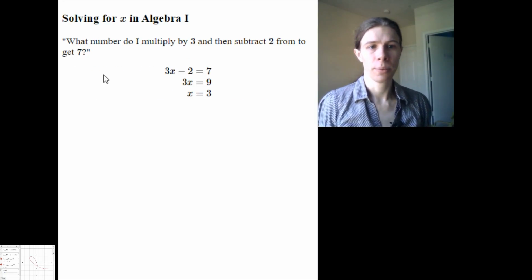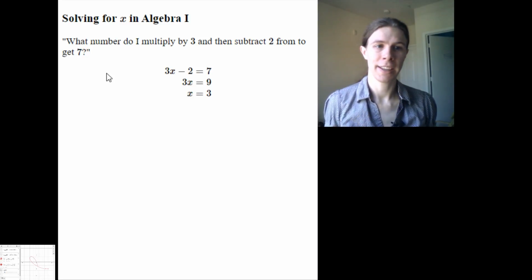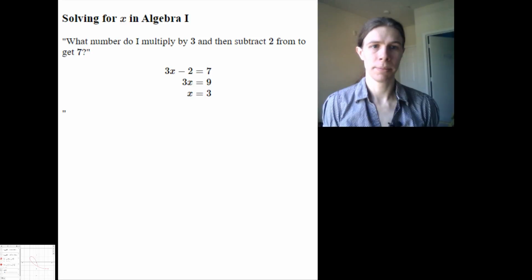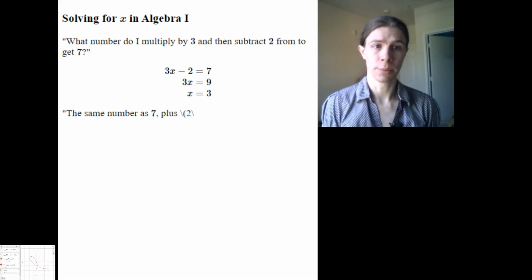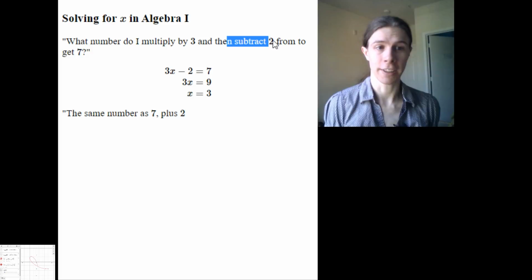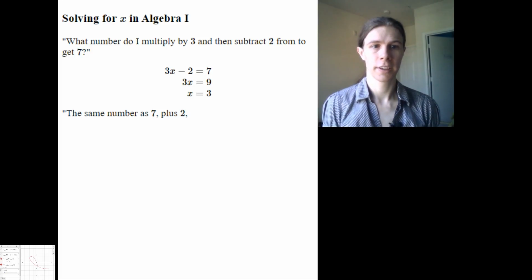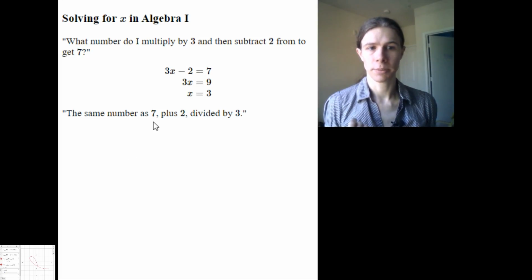Same thing over here. What number do I multiply by 3 and then subtract 2 from to get 7? The same number as 7 plus 2. We're doing the opposite of this thing first, divided by 3, undoing that second. 7 plus 2 is 9, divided by 3 is 3.